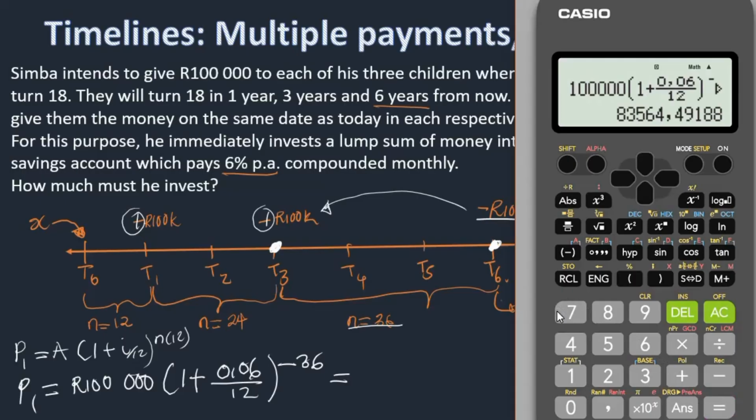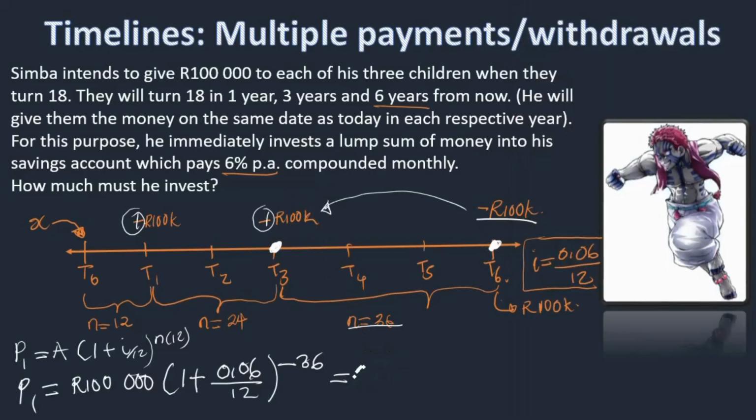This equals 83,564.49. Okay, let's write that. So from here up until I get here, that's 83,564.49.